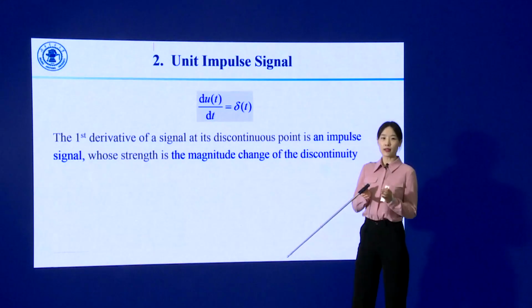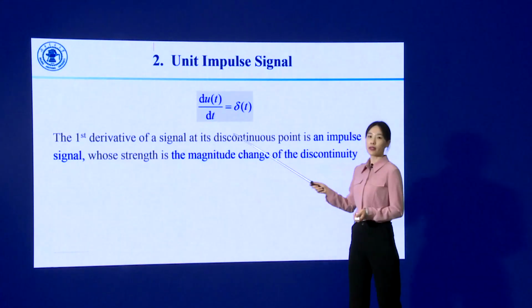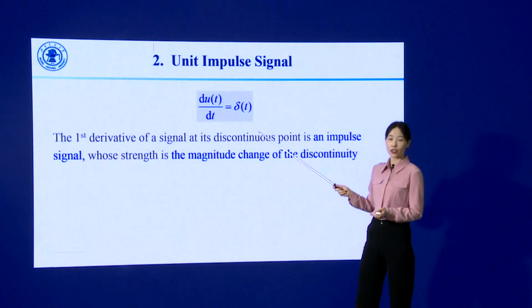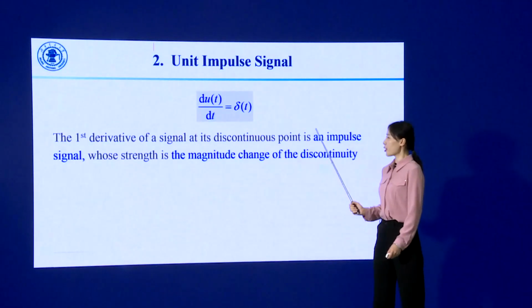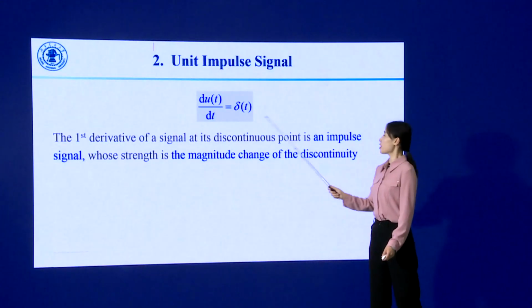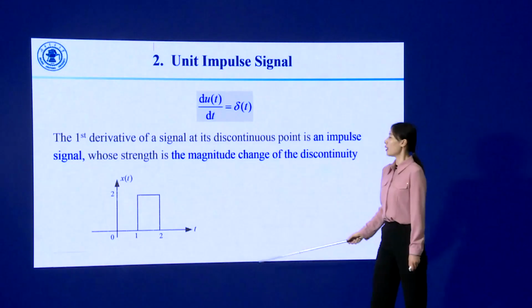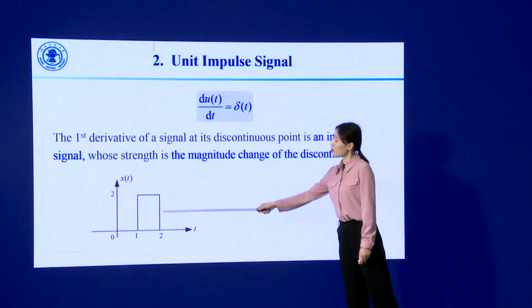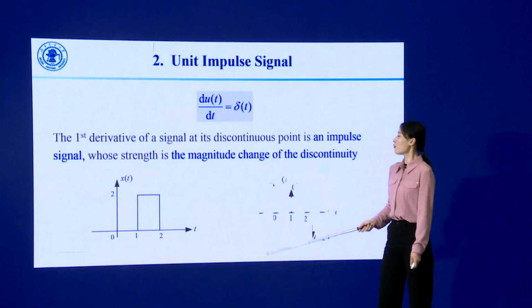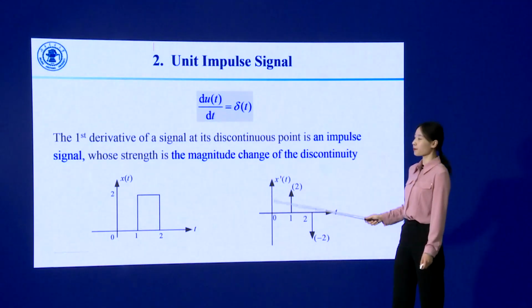In the previous slides, we know that the first derivative of a signal at the discontinuities is an impulse signal. And the strength of this impulse signal is the magnitude change. Let's give an example. For this x of t, its first derivative can be expressed in this figure.